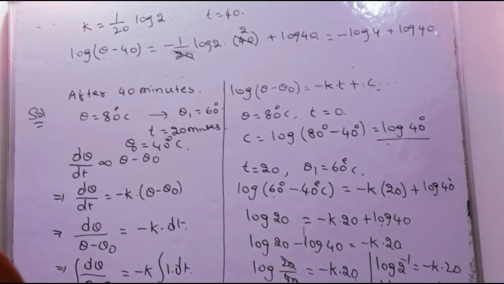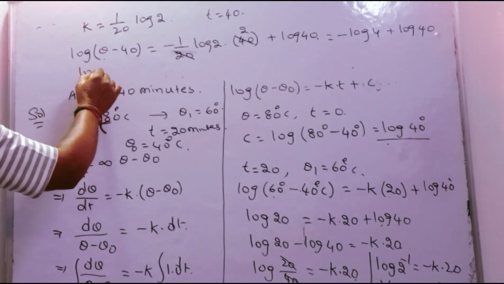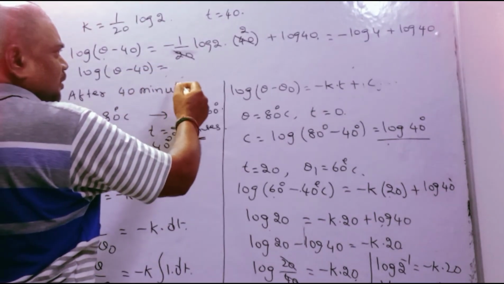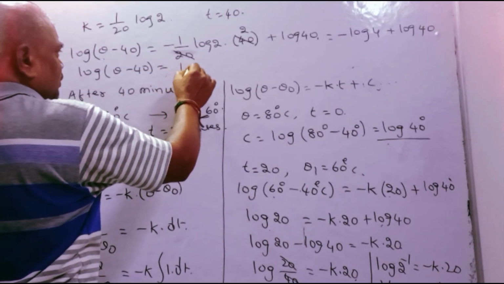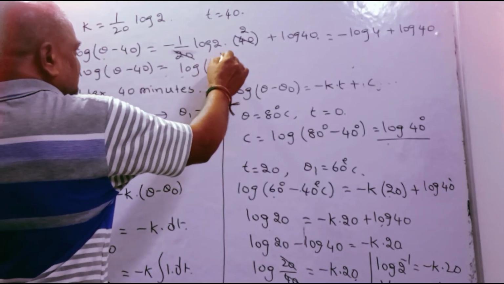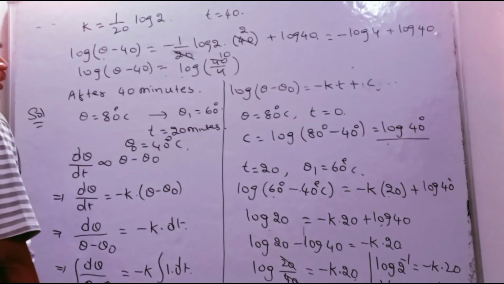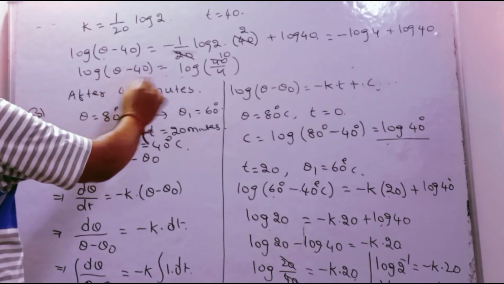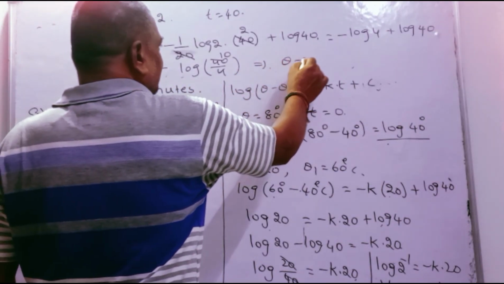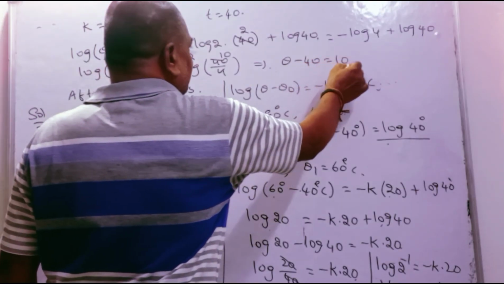So log theta minus 40 equal to log 40 by 4, which is log 10. Both sides, we remove the logarithm. This can be written as theta minus 40 equal to 10.